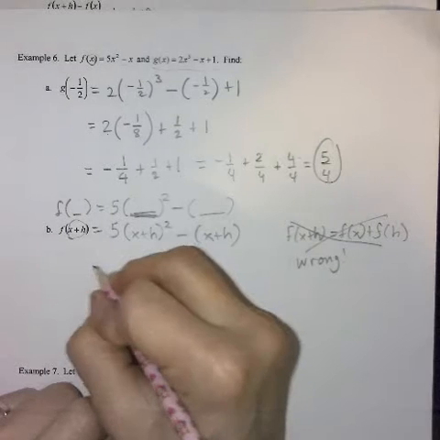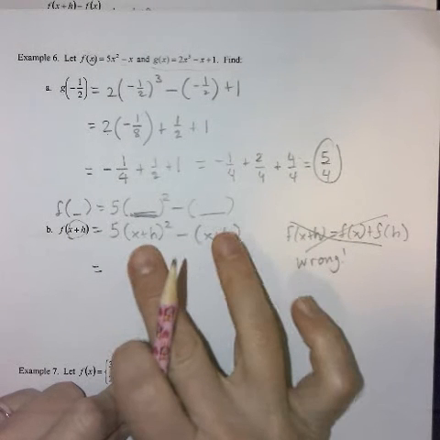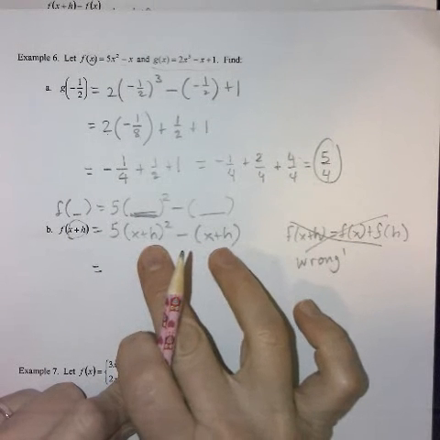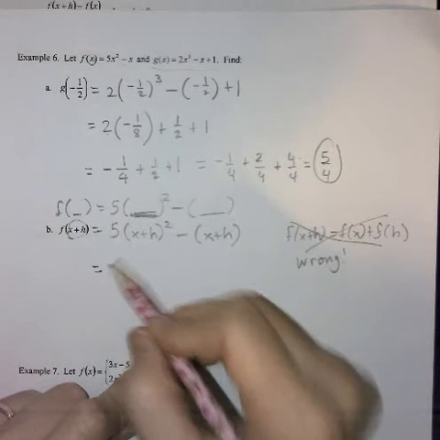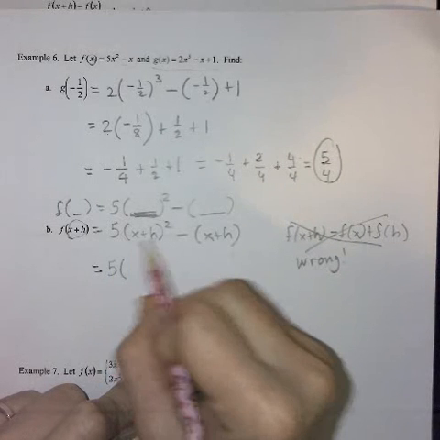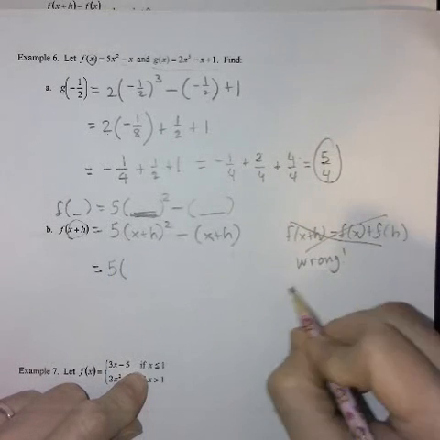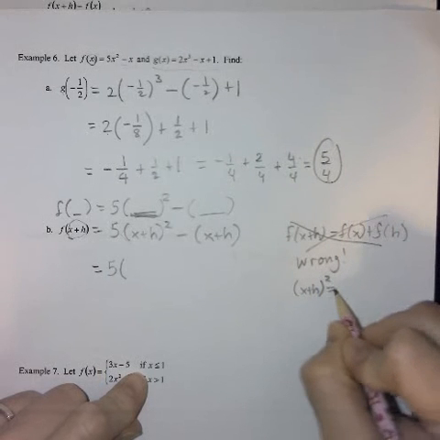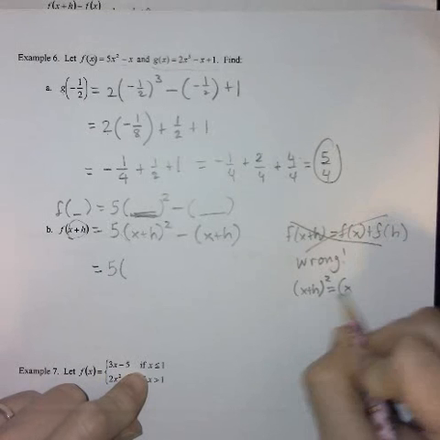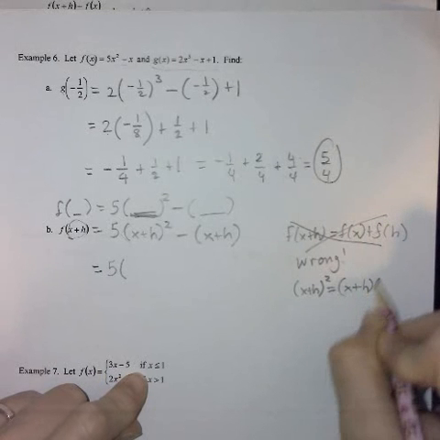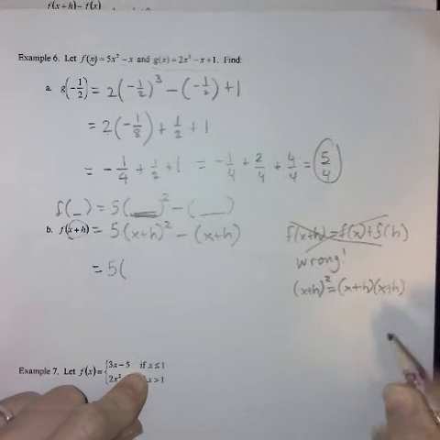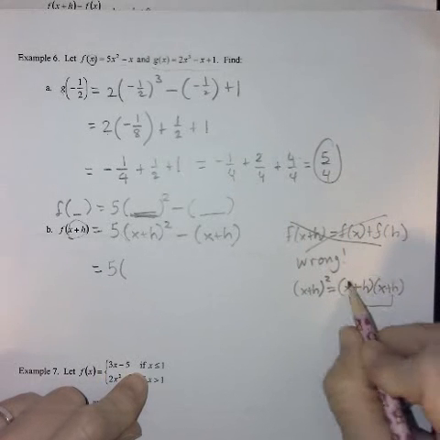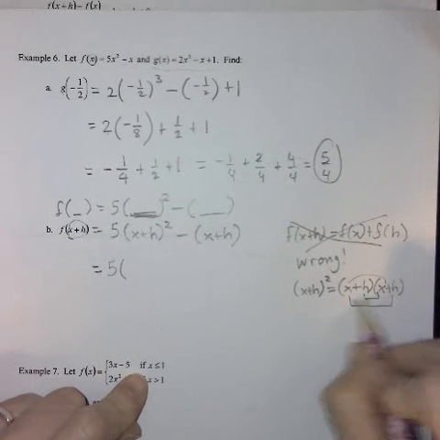All right, once you get this part, the rest is just algebra. You're going to square this. Don't forget when you're squaring a binomial, I'll do it over in the margin here. This is not x squared plus h squared. You do have x plus h times x plus h, so you do get x squared, but then you've got your inside and outside products.